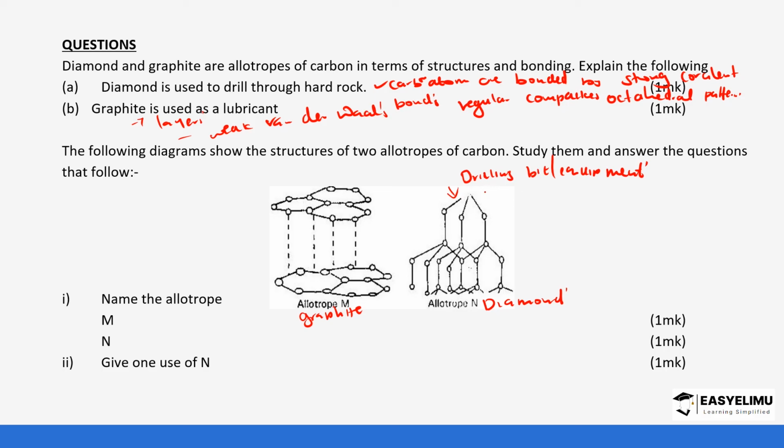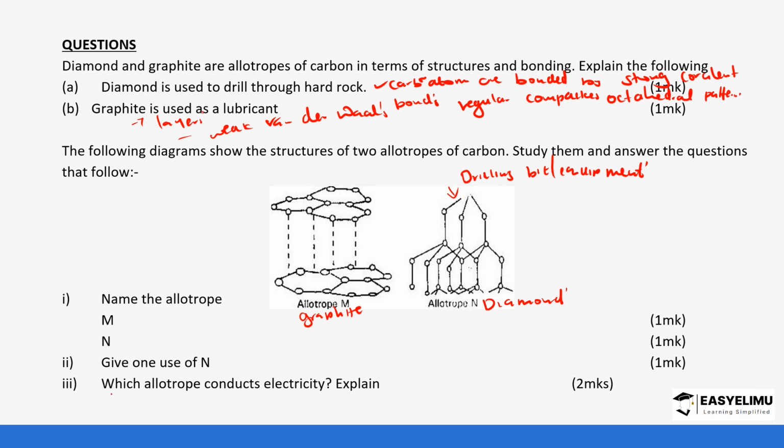It can also be used to make ornaments because it is shiny. And then allotrope M is used to make pencil leads because the layers slide over each other, and it's also used as an electrode because it can conduct electricity. So this also answers the next question, which allotrope conducts electricity?